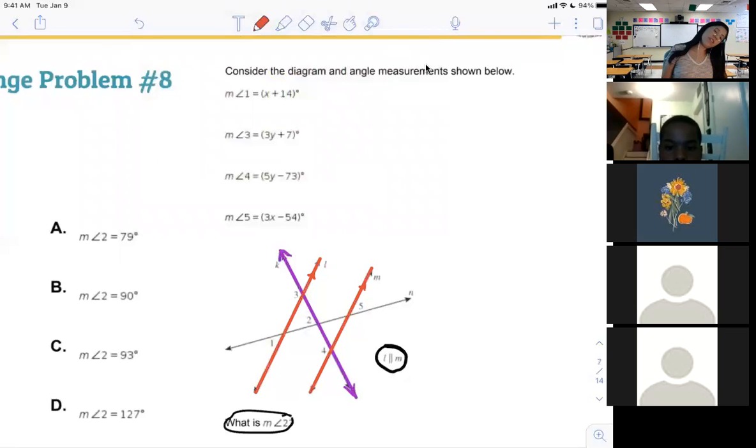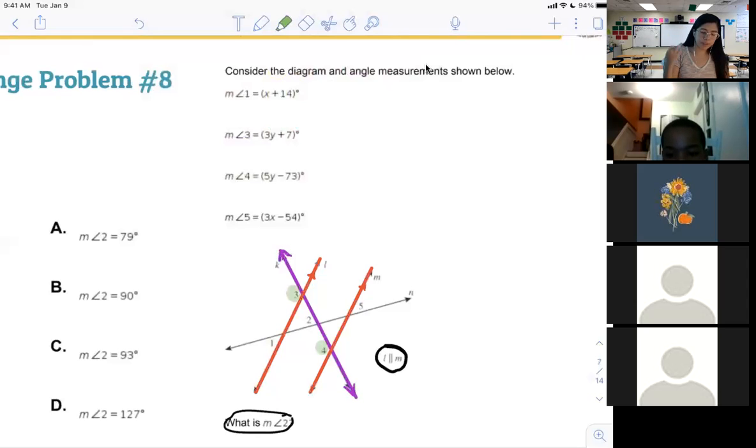They're not alternate interior, and not alternate exterior. Are they alternate or on the same side? They're on the same side. So are they corresponding? Yes, they sure are. Flip your screen, ignore line N, tilt your head a little bit, and notice that those are corresponding angles.